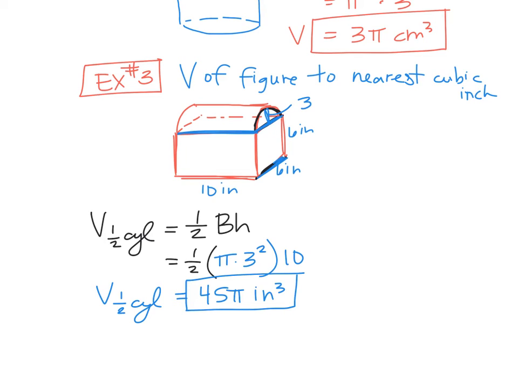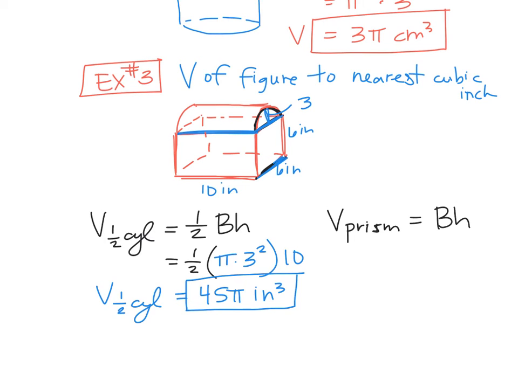Okay. Then we need the volume of the prism, which is what formula? Same formula, BH. We're not cutting that one in half though, right? What is the area of the base? 60. Oh, I never drew our dotted lines in. Sorry if that confused you.